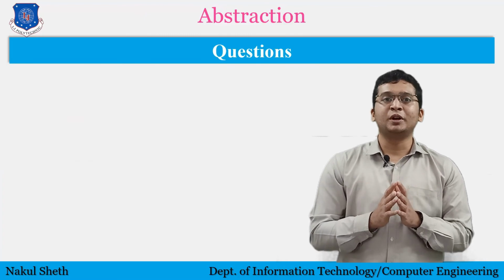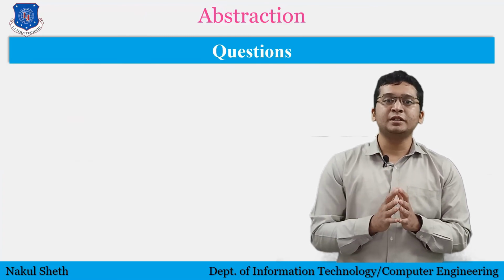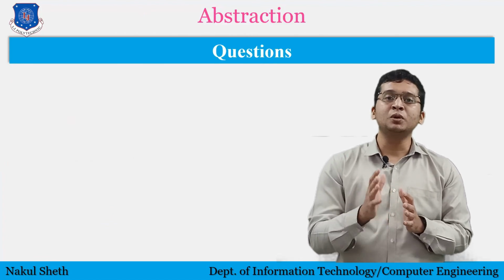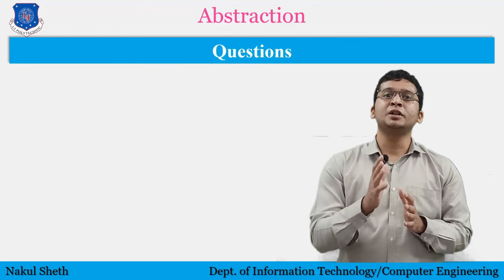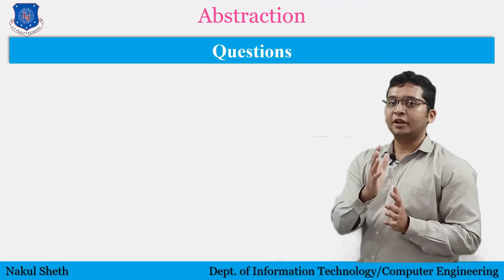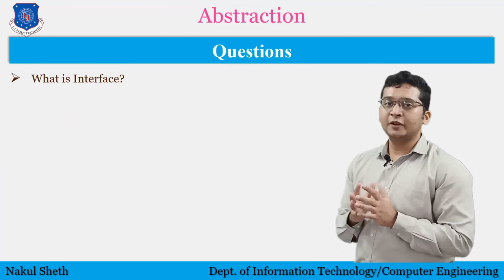So I hope you understand what an interface is and how to use an interface in Java. And we have also seen how to achieve multiple inheritance using an interface. Now let us discuss some important questions regarding this tutorial. First is, what is an interface?